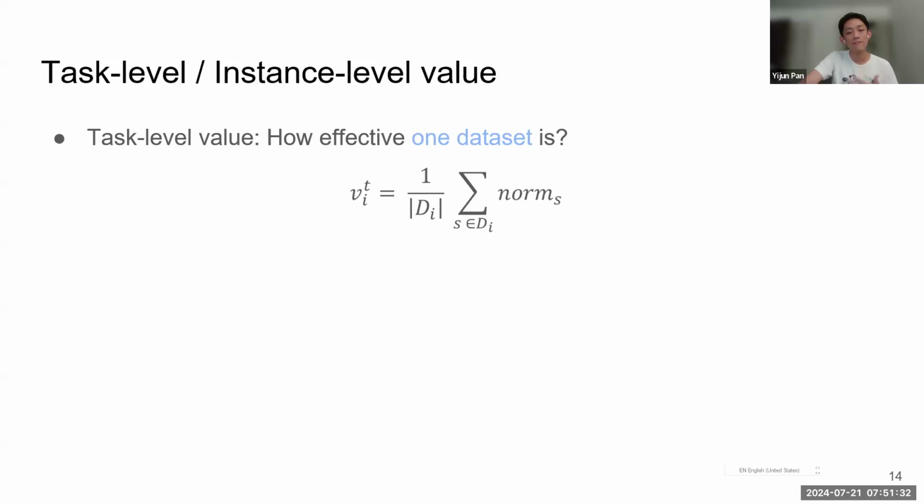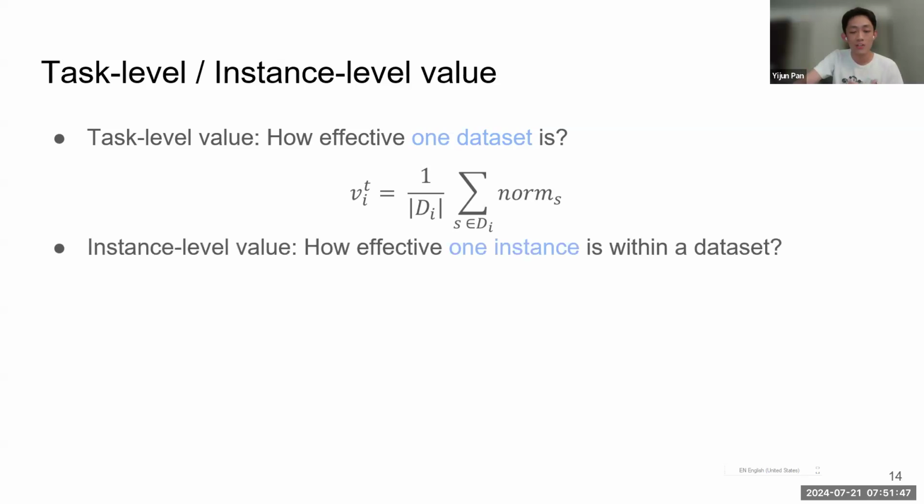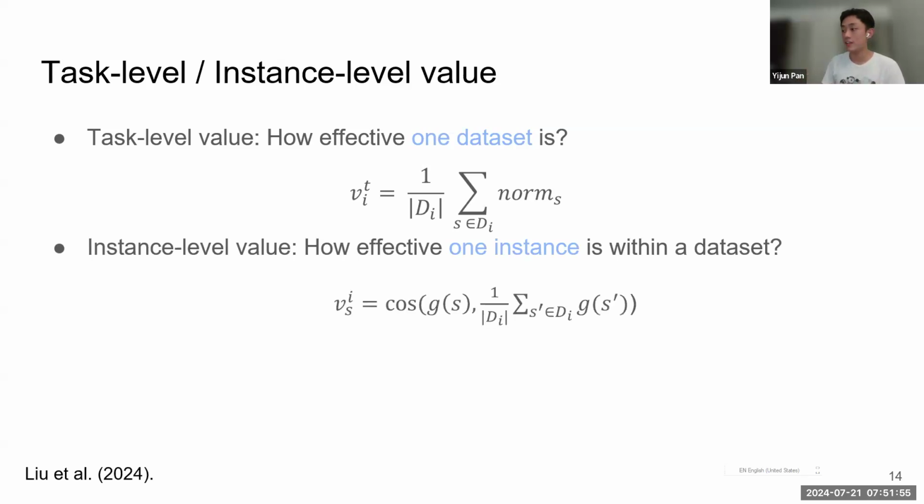And also, after we have determined how many data points we want from each dataset, how do we actually choose the data points? The authors used the instance level value, which measures how effective one instance is within the entire dataset. Here, S stands for a certain instance within the ith instruction tuning dataset.